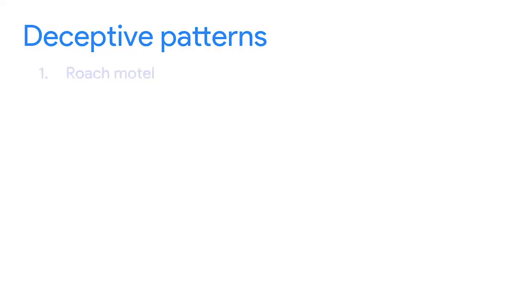The first deceptive pattern we'll cover is known as the Roach Motel. This pattern is designed to make it very easy for a user to get into an unwanted situation and very hard for them to get out of it. For example, have you ever opted into an app's premium subscription to get a few extra features and then found it nearly impossible to cancel that subscription?